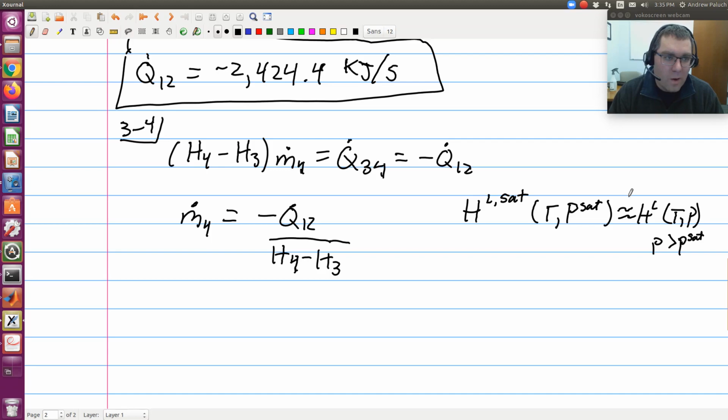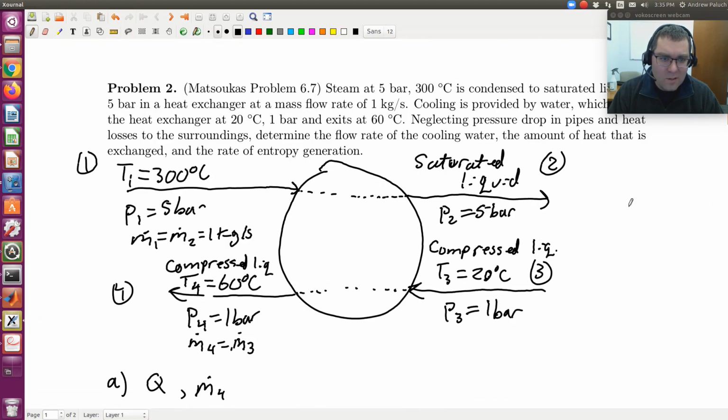So I'm going to assume that at 20 degrees C and 60 degrees C, I can just look up the enthalpy and entropy from my steam tables for the corresponding saturated liquid at those conditions.